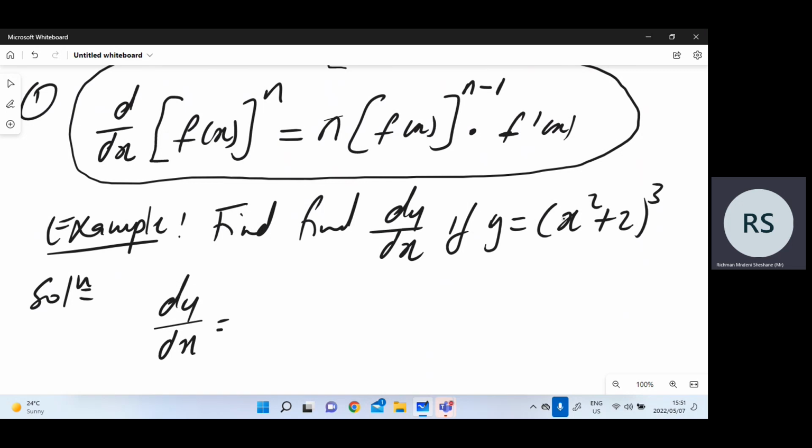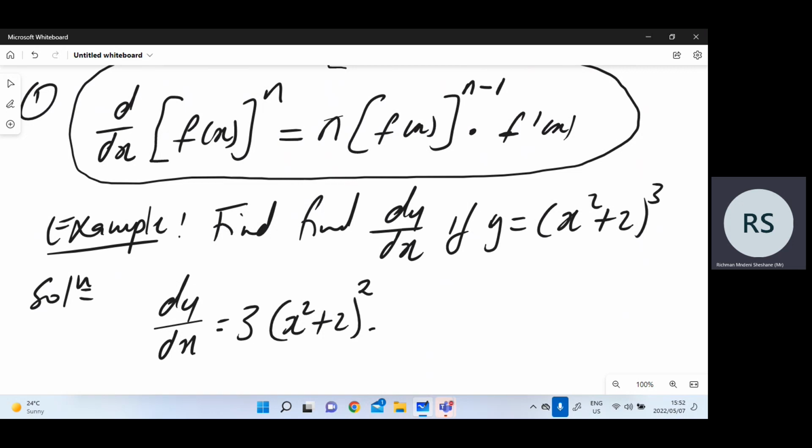So let's apply this formula. If we follow it, n is 3, so it should be 3, then open a bracket, put your inner function to the power of n minus 1, so 3 minus 1, to the power of 2, and multiplied by the derivative of the inner function.